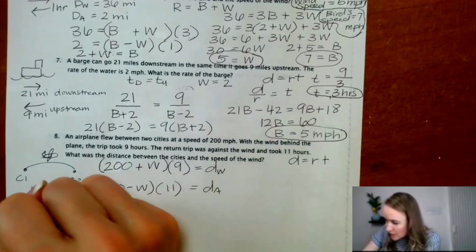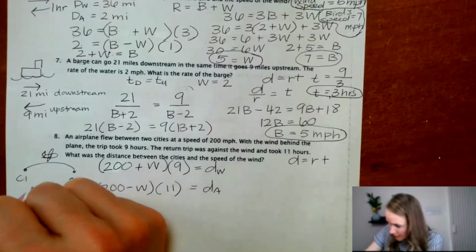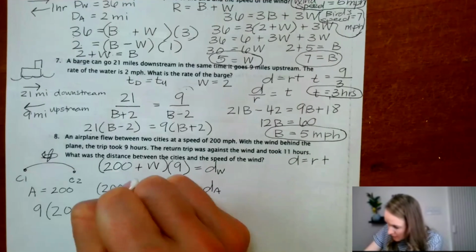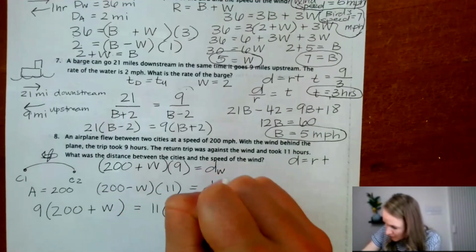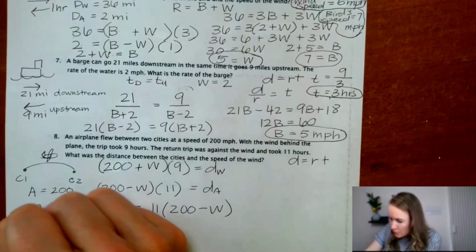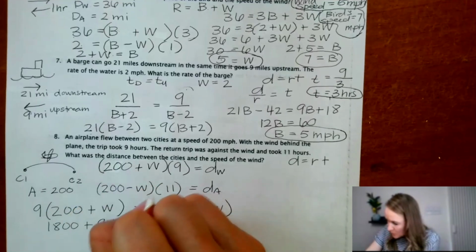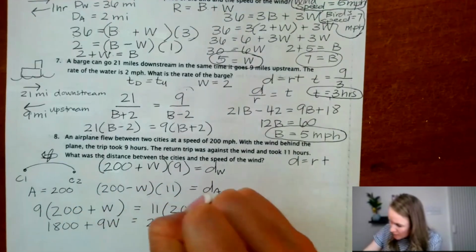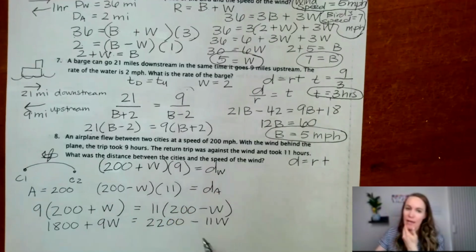So I have 200 plus W times 9 equals 11 times 200 minus W. 9 times 2 is 18, so that's 1800 plus 9W equals 11 times 2 is 2200 minus 11W. We're going to do letters, numbers.